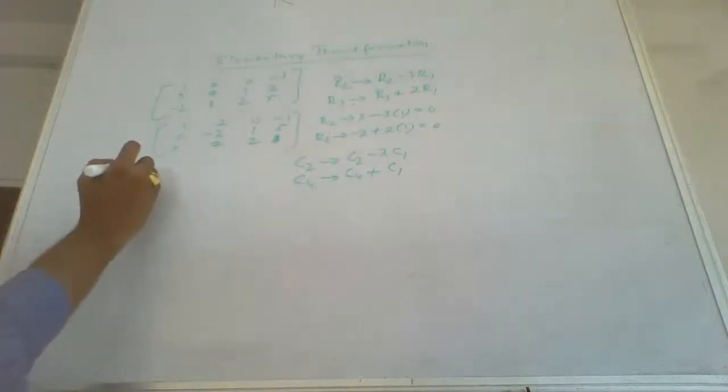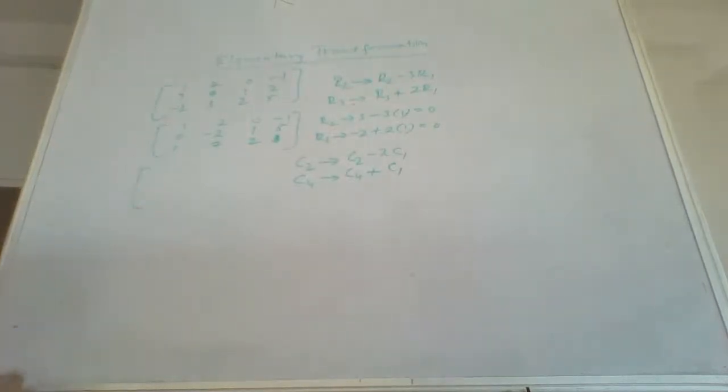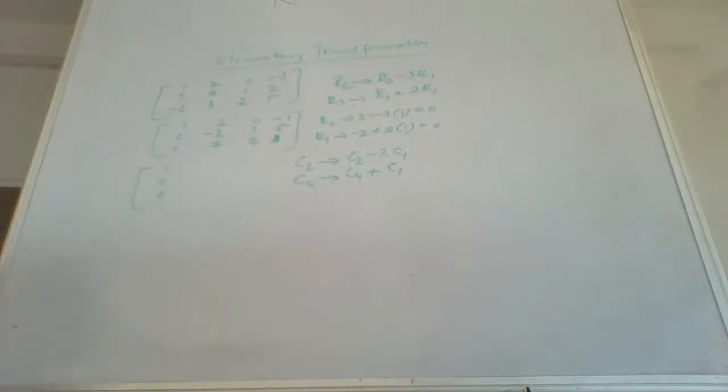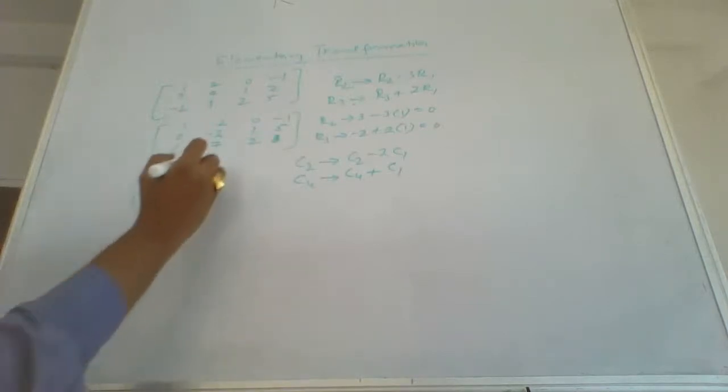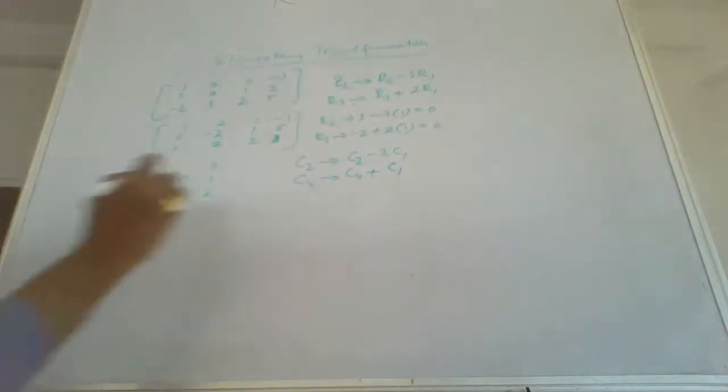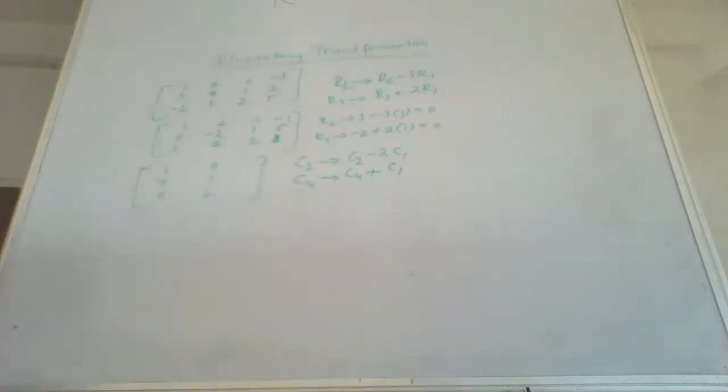Okay. So the first column, which is 1 0 0, and C3 is kept like that. So 0 1 2. Operations are done on column 2 and column 4.